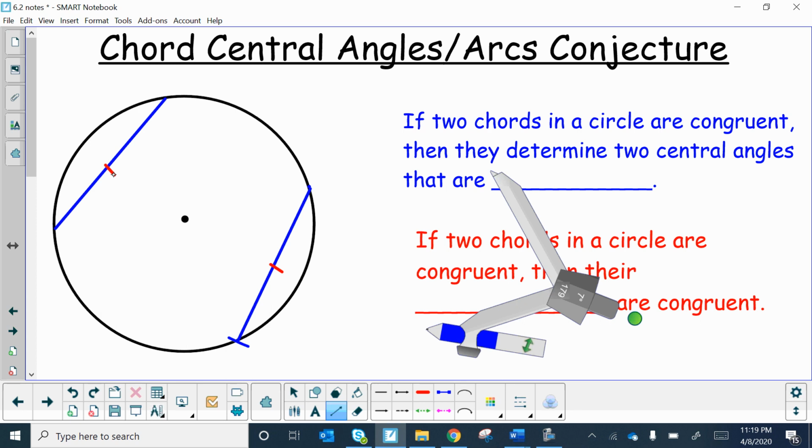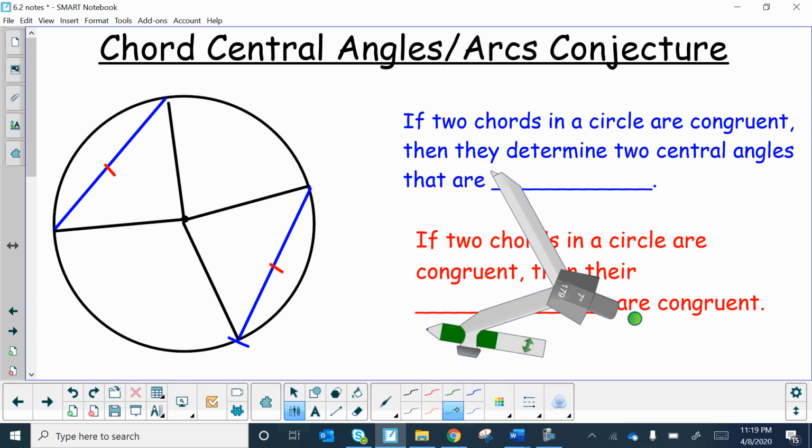Then it talks about how they determine two central angles. So now we want to take our ruler and connect it to the endpoints to create some central angles here. This angle right here, I'm going to highlight in green, this angle and this angle, they're not vertical angles, although they look like they could be.